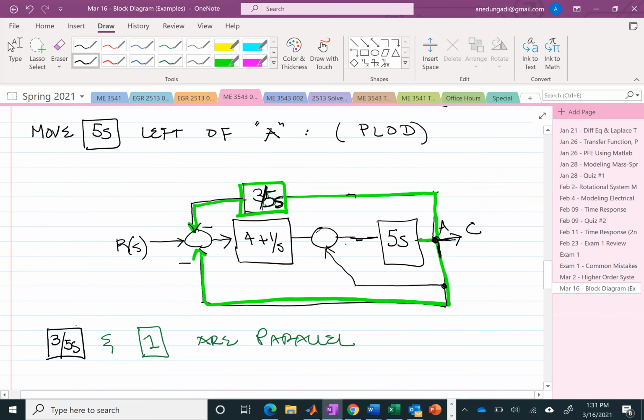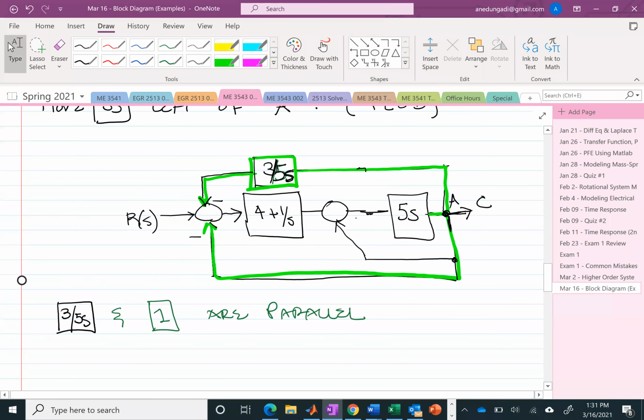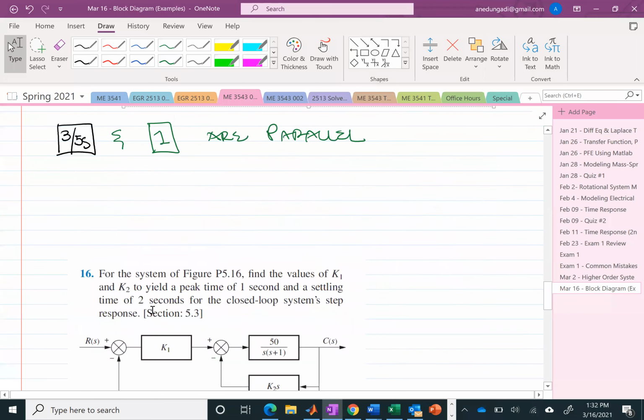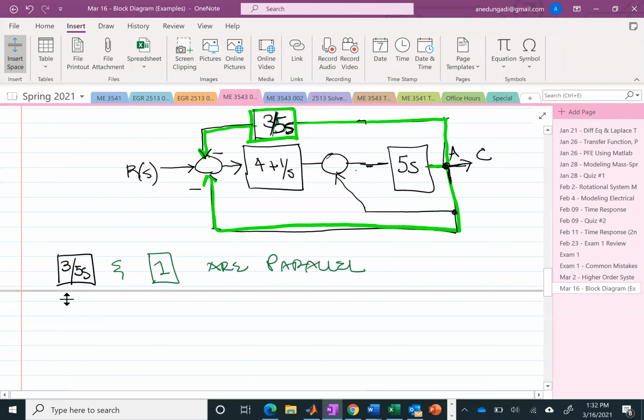So you have to be very careful. So 3 over 5s and 1 are parallel, okay? So if I copy this over, let me add some more space.